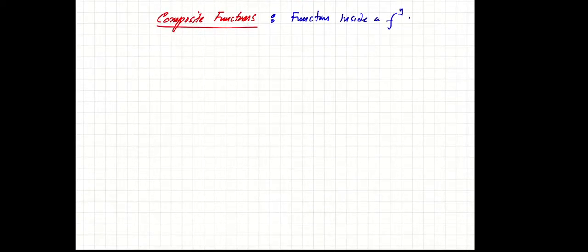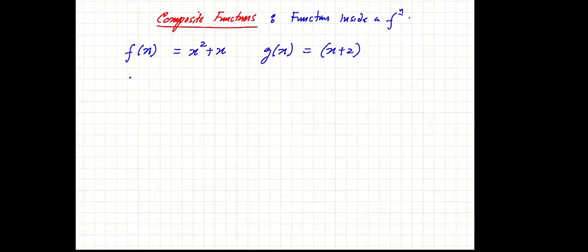Example, if f(x) is equal to x squared plus x, g(x) is equal to x plus 2, right? What is f(g(x))? Right, so this is called composite functional structure, right? So this is a composite function.